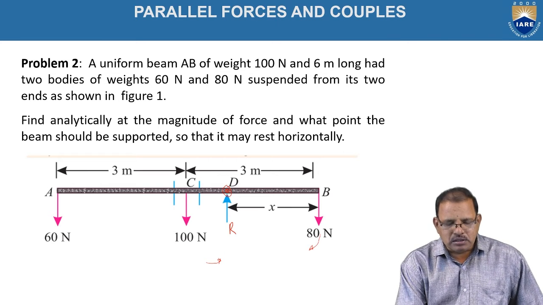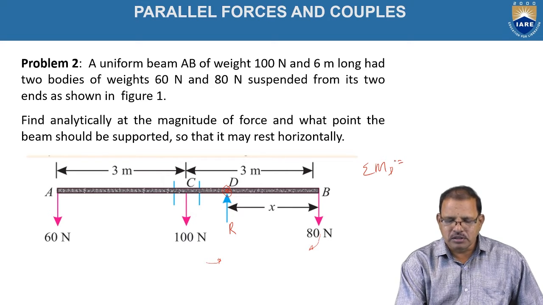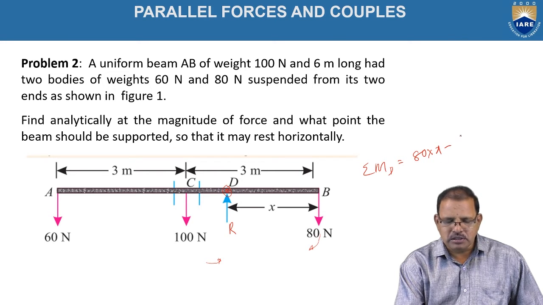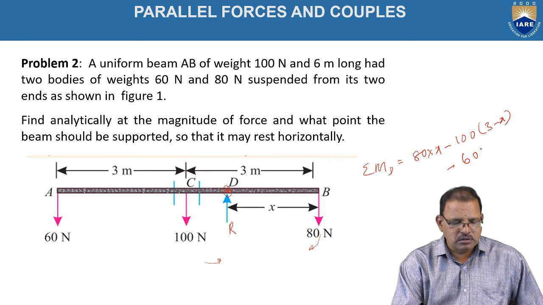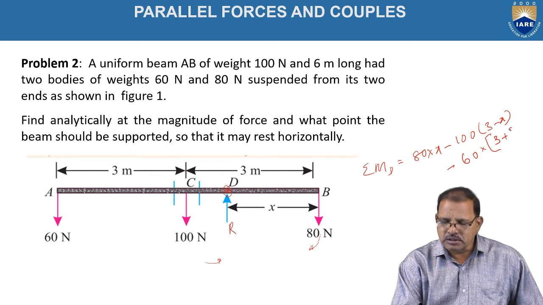Hence, sigma M_D, the moments created by all the forces at D, is equal to 80 into x positive, minus 100 into (3 minus x), minus 60 into (3 plus 3 minus x), and it should be equal to 0.